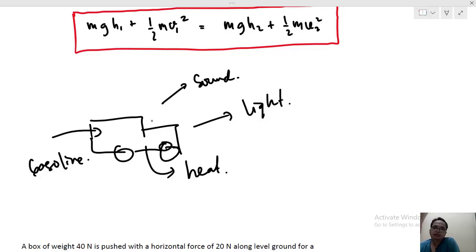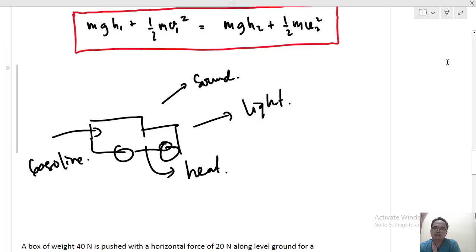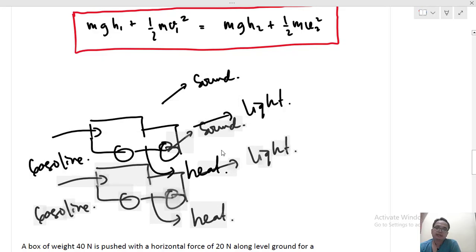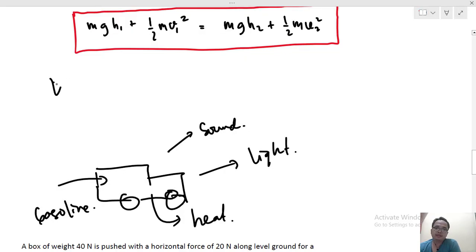So we need the term efficiency. I hope you know what I mean.